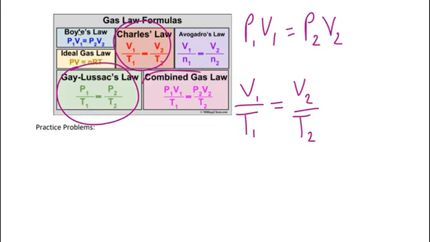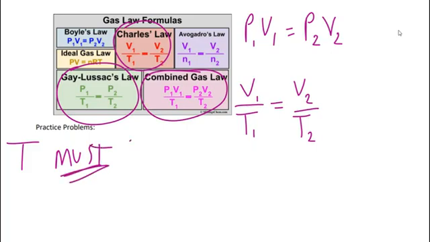And then we're going to look at this combined gas law, but just very briefly. What's really important to remember with these equations is that anytime I'm dealing with temperature, temperature must be in Kelvin, not in Celsius.